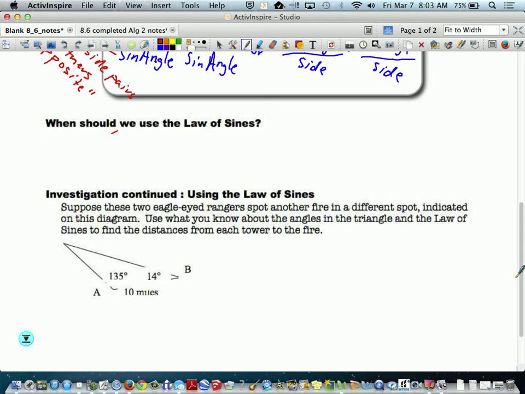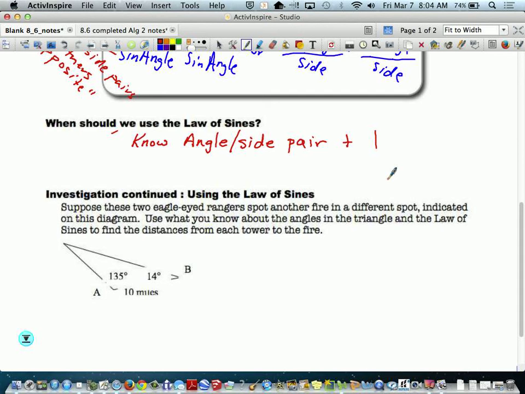So when should we use the law of sines? You have to know at least one angle-side pair, and then I say plus one.